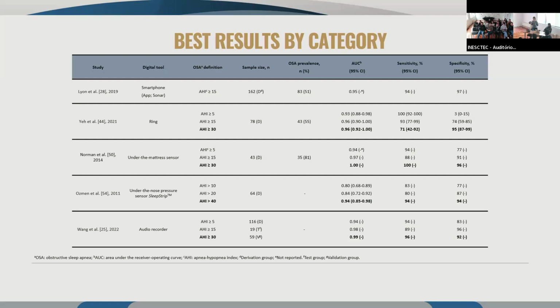Between 5 and 15, you have the light stage of the disease. Then between 15 and 30, it's moderate. And above 30 is severe. So that's why we also included that column there, to see what the cut point of each of the sensors is for the type of the disease.